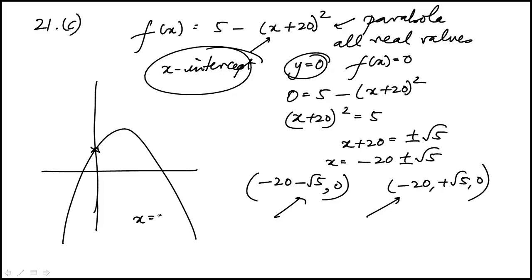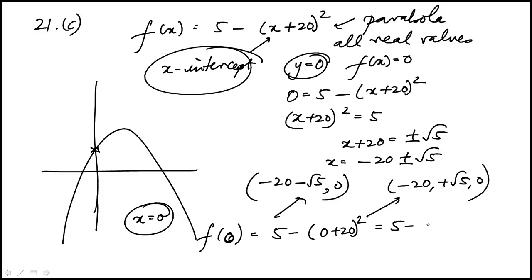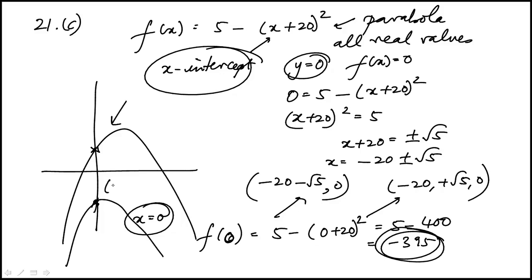So you set x to 0 and you find the value of the function, and that would be 5 minus (0 plus 20) squared, and that becomes 5 minus 400, which is minus 395. Visually this is not correct because it's hitting somewhere here. So that point is (0, minus 395), and the y-intercept is minus 395.